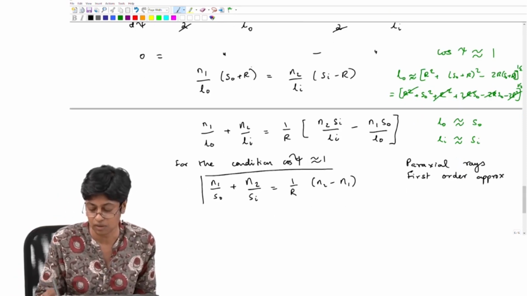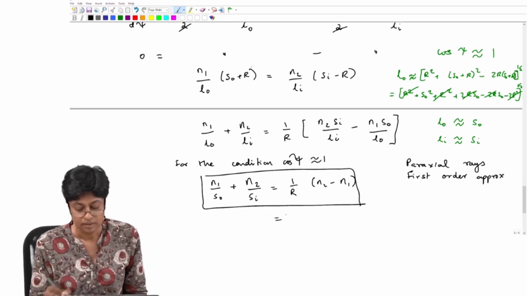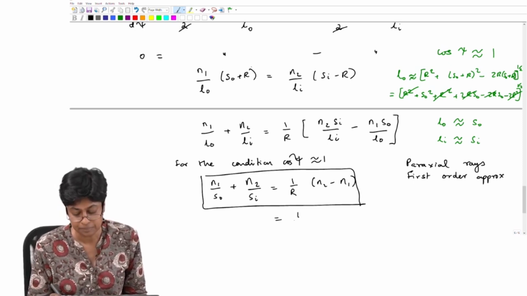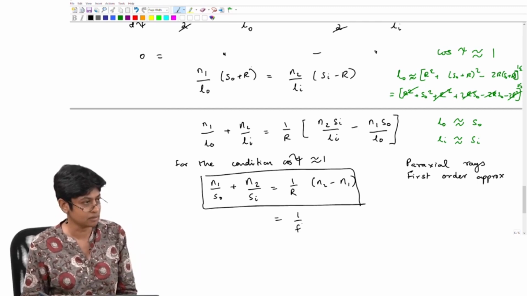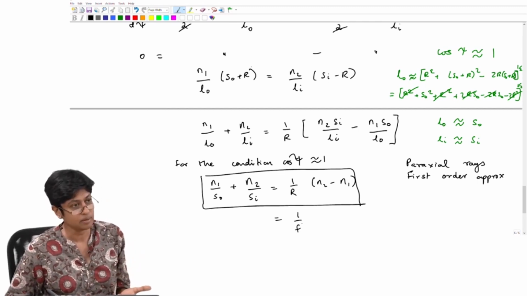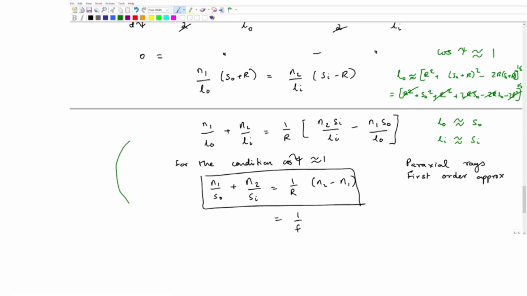This is now a very useful equation. The right hand side of this is sometimes termed as relating to the focal length. So n2 minus n1 divided by r. Remember, your surface had radius of curvature r, and it had the mediums n1 on one side and n2 on the other, and in fact this 1 over f is the power of the surface.